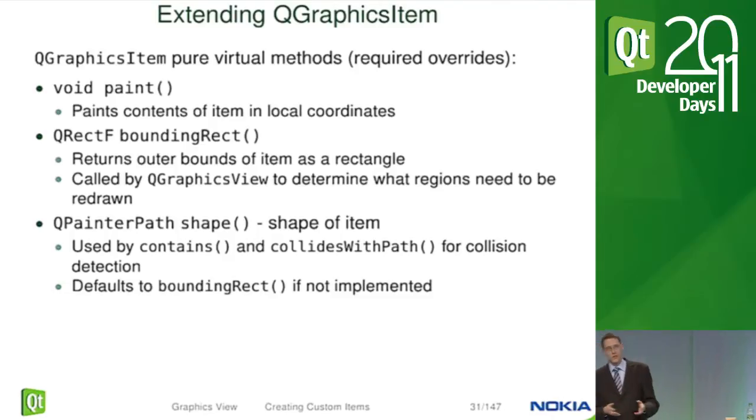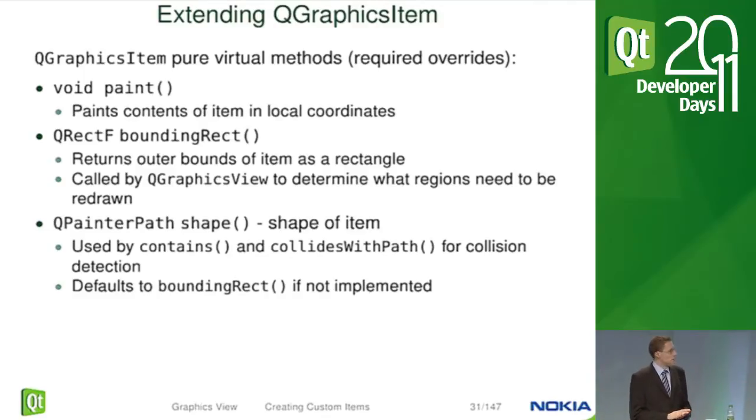Usually, unless you have something actually shaped like a rectangle, which is probably not the case because that's exactly what we try to avoid here, there's also shape, which will specify the exact shape of your item. And that can be basically anything.